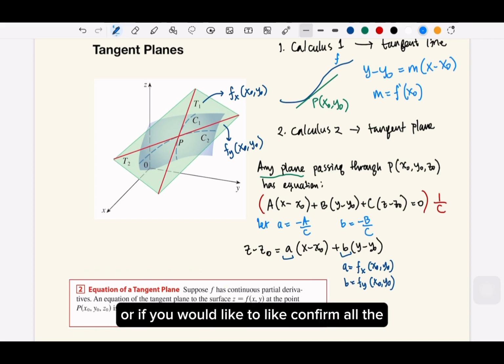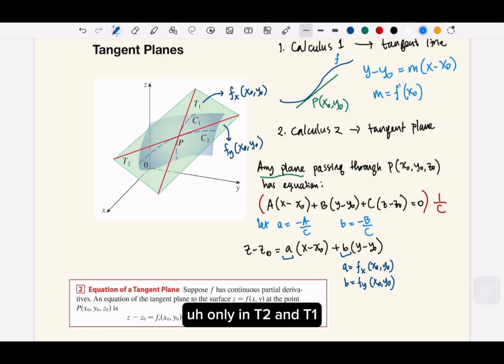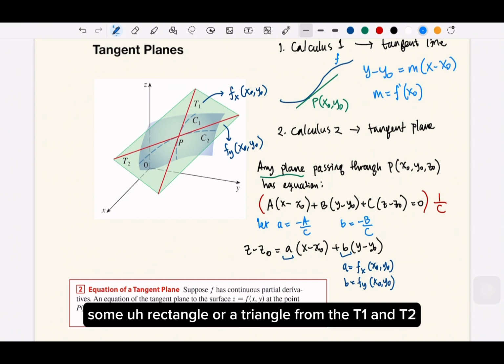Or if you would like to confirm all the T2 and T1, you could see that we can make some rectangle or a triangle from the T1 and T2.